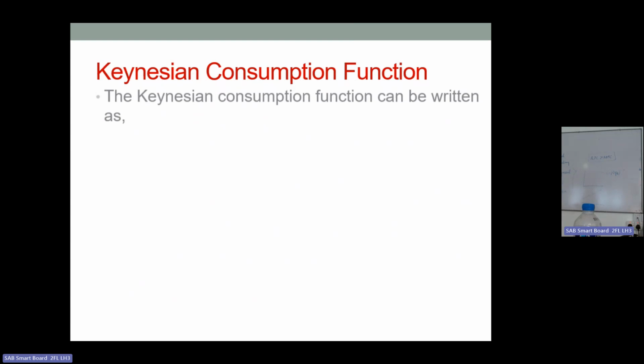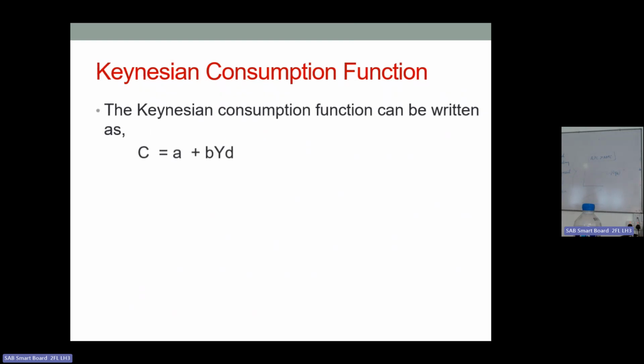Now the Keynesian consumption function, as we discussed, takes the linear form: C equals A plus bYd. So this is the consumption. Here we assume consumption depends on disposable income. That's an analytical model, a simple model: two-sector model, three-sector model.